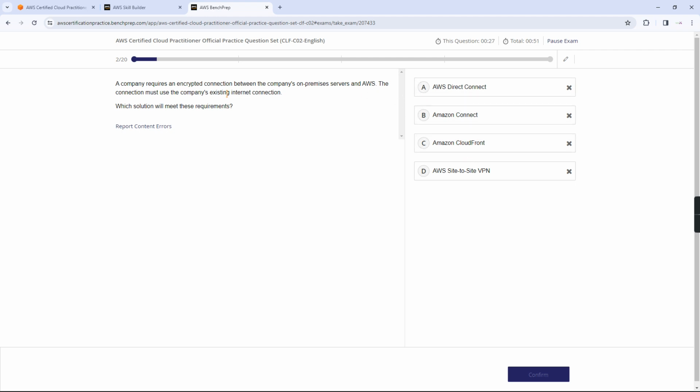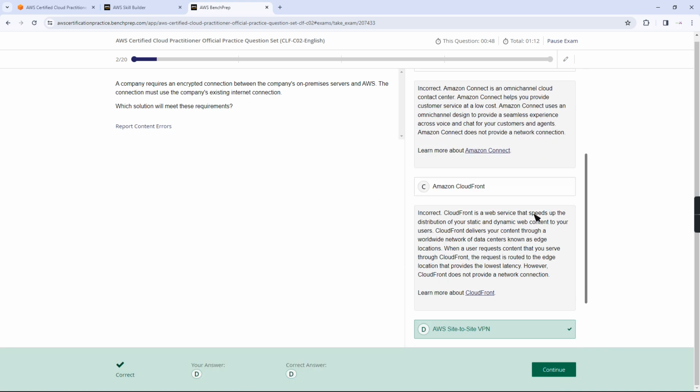But here there is a clear mention of existing internet connection and encrypted connection. Typically, AWS Direct Connect is not an encrypted connection. Site-to-Site VPN can be the encrypted connection. Slightly tricky question, but finally, between Direct Connect and Site-to-Site VPN, Site-to-Site can be the right choice. Yes, we got it correct.